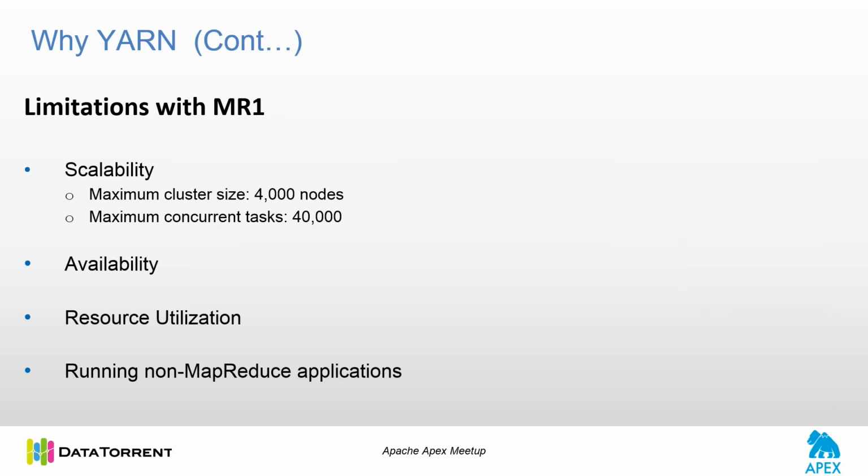As per lab tests, it is proven that a job tracker can handle a maximum of 4,000 nodes and a maximum of 40,000 concurrent tasks at a time, which could be a limitation in this current era when big data is growing bigger every day. You are getting more and more data and you want to scale more to process that data. So this can be a limitation in your system.